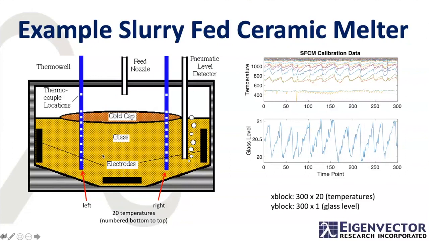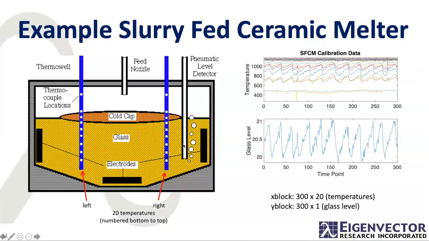In this process, you take nuclear waste, mix it with glass-forming chemicals, and melt it into a glass that's a solid waste product. The data here is that there are 20 locations of temperatures, and this is what those temperatures look like versus time, right here.